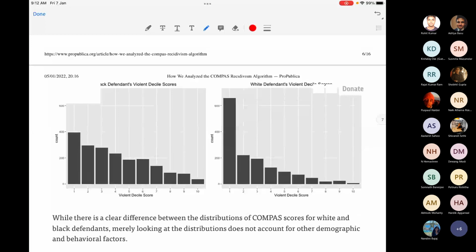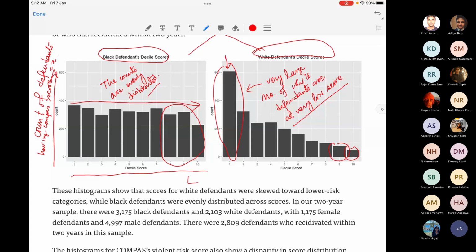So the previous one was the category of simple recidivism, with blacks and whites treated separately.